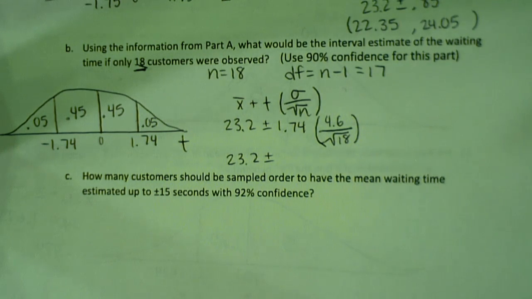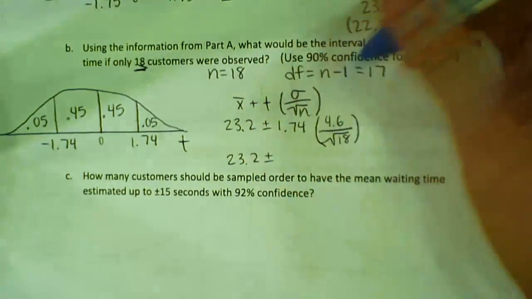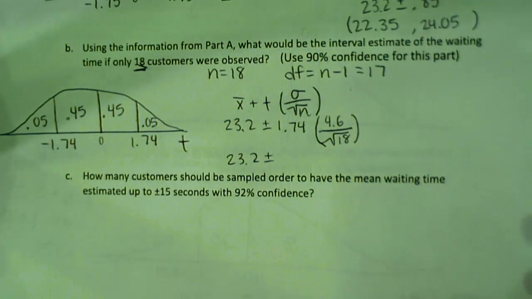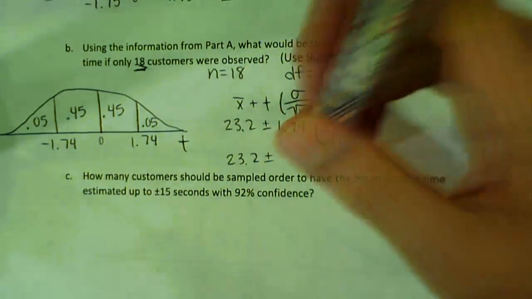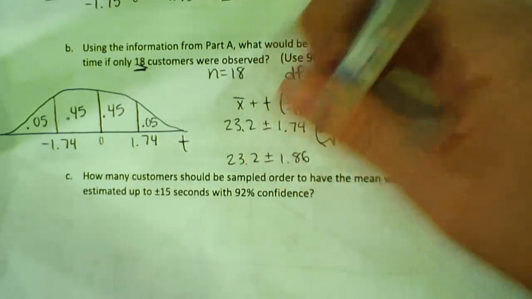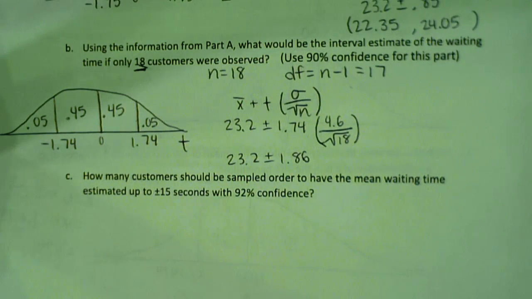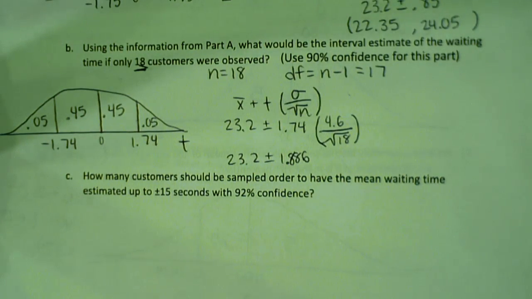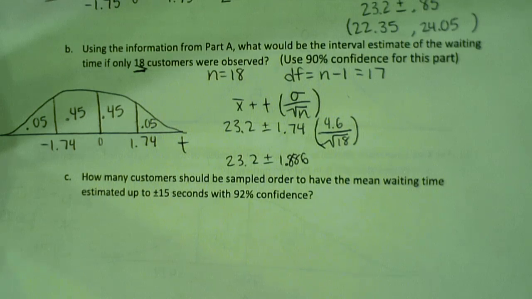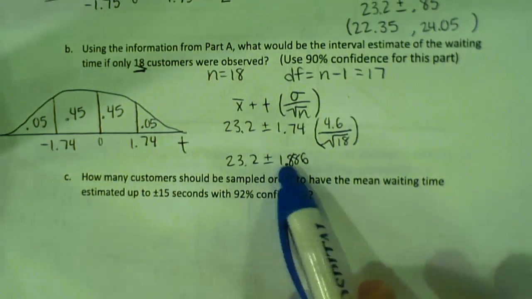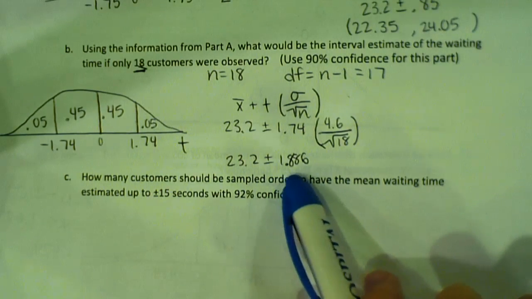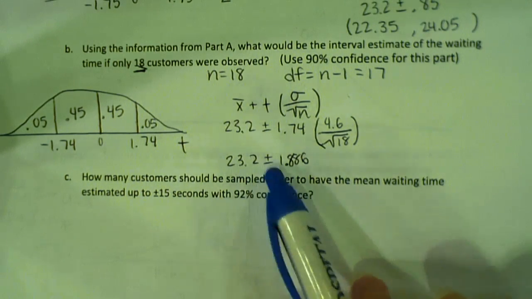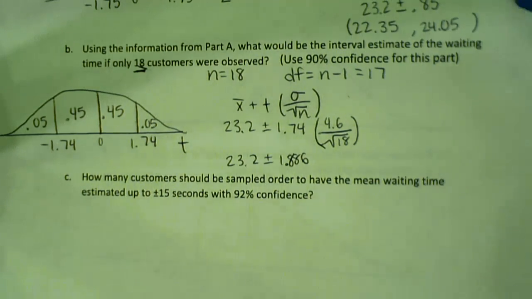What did everybody get? 1.886? Plus or minus? That. There we go. Okay. And then again, just like the last one, to find the minimum, subtract 1.886 from this 23.2, and then add in order to find the maximum.